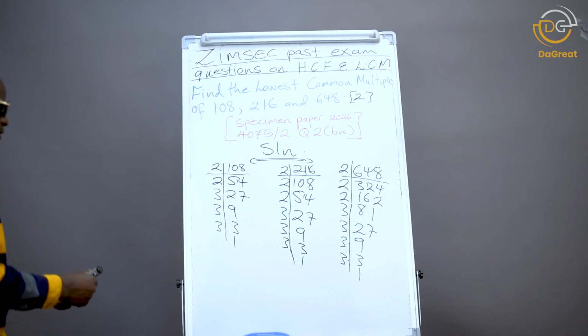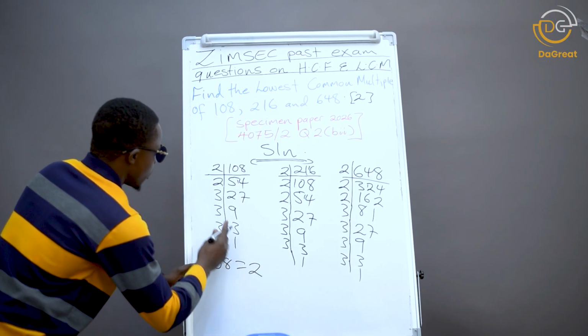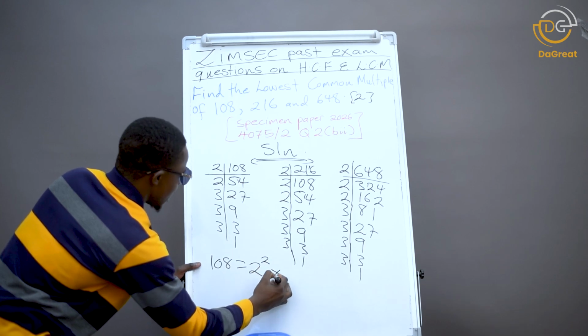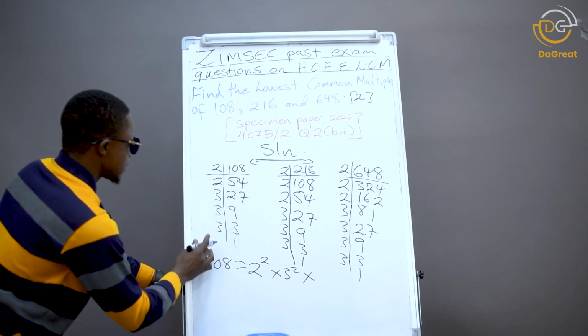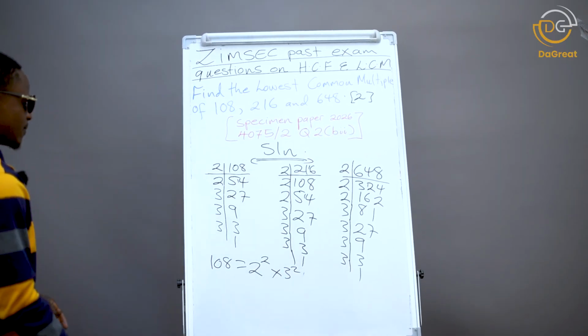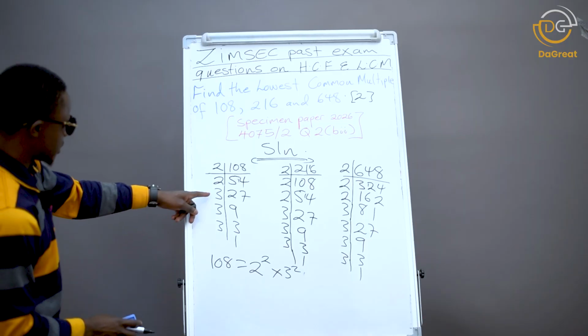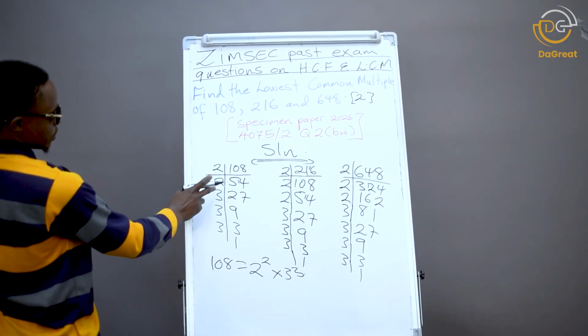Now let us change to index form. 108 is equal to 2 to the power 2 times 3 to the power 3, counting the 3s: 1, 2, 3.